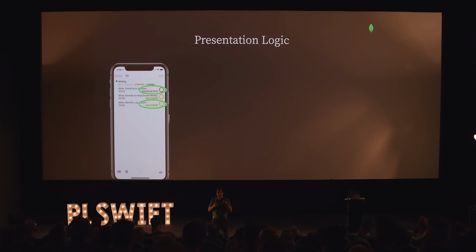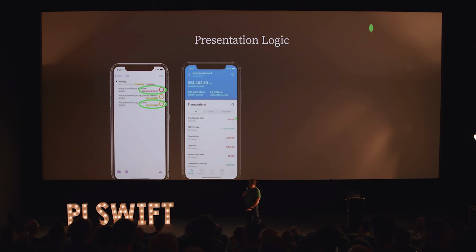And you have this information, which is not part of your domain logic. It's part of the status, information that is given to you as part of the presentation of the data. Same thing with a bank application. To be completely honest, I don't even know what this banking application is. I was looking for a screen capture showing this example, and there are several of them, so I took this one.